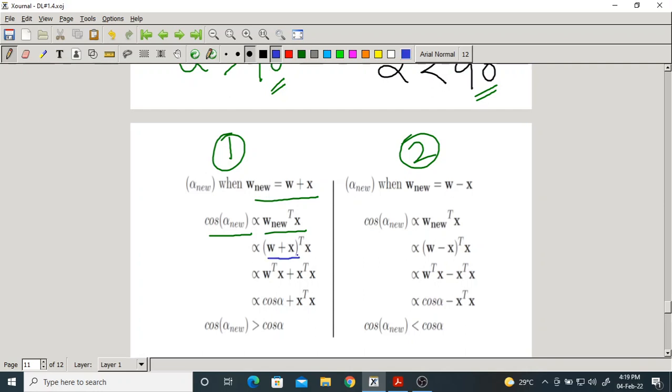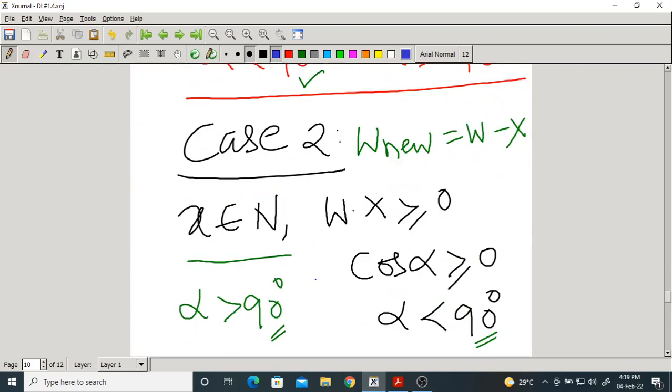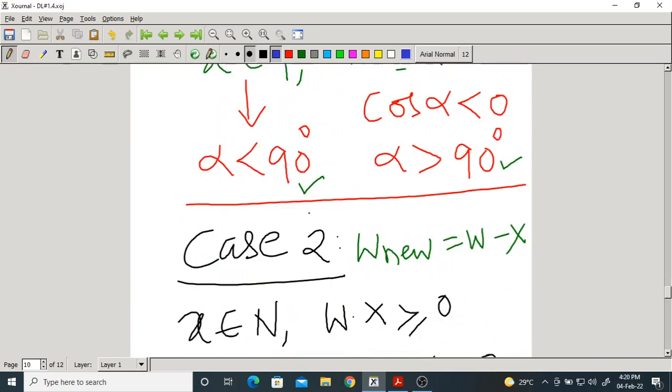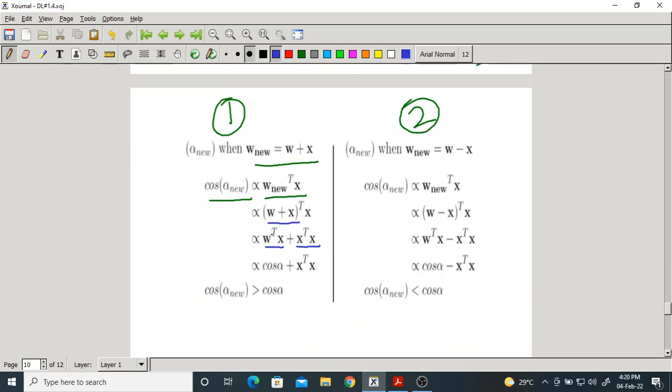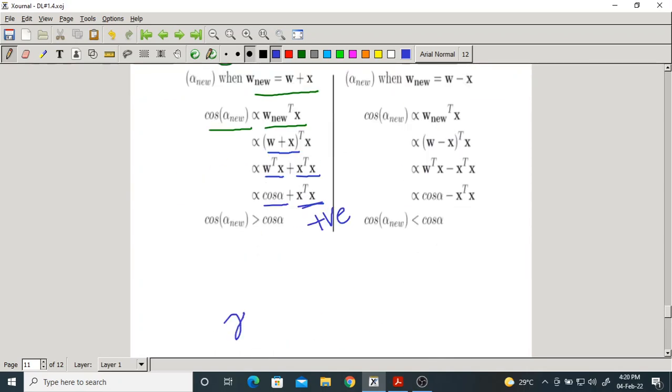W plus X transpose into X. You can also write W transpose X plus X transpose X. What is W transpose X? It is cos alpha. So this is positive. Please remember this. X transpose X is positive. Which means what? X dot X. What is X dot X? Dot product of a vector with itself.